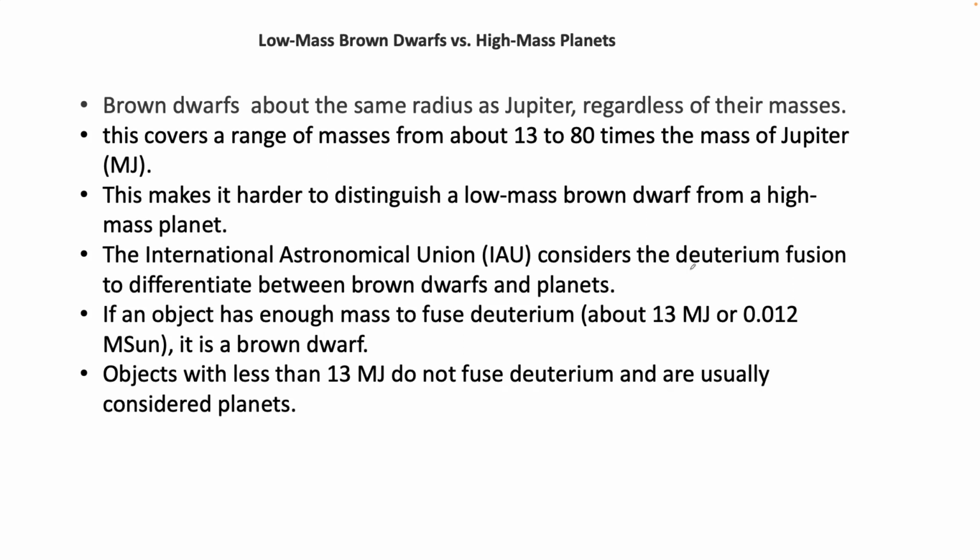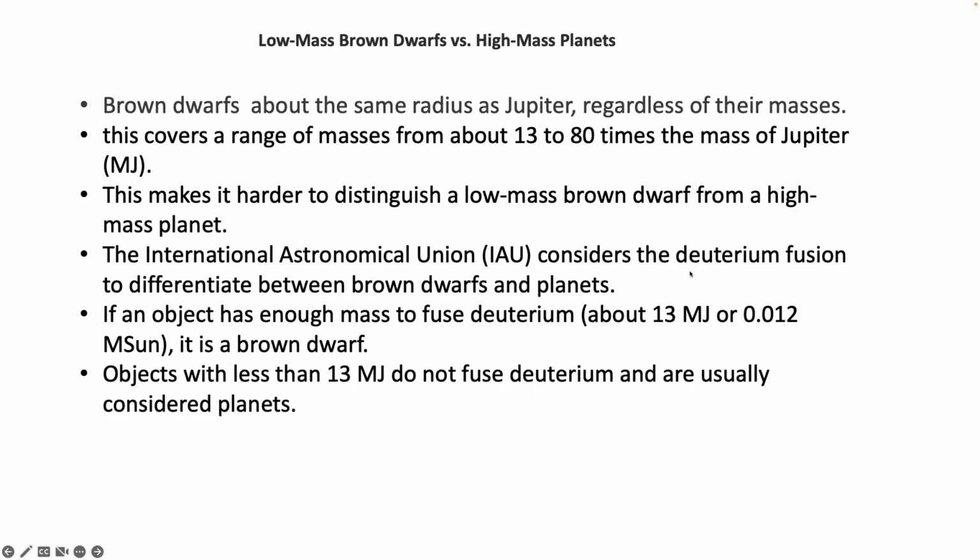Once again, if you have an object with enough mass to fuse deuterium, it is called a brown dwarf. Objects with less than 13 Jupiter masses do not fuse deuterium and are usually considered planets, right? So that's how you differentiate low mass brown dwarfs and high mass planets. That's an extra detail, right?